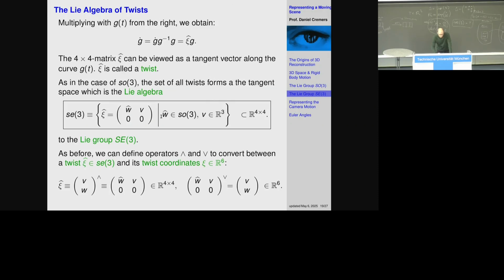showing that this space of elements of this form, top left is a skew-symmetric 3x3 matrix, top right is a 3D vector V in R3. This space is a 6-dimensional linear space. This space is the tangent space to the Lie group SE3.